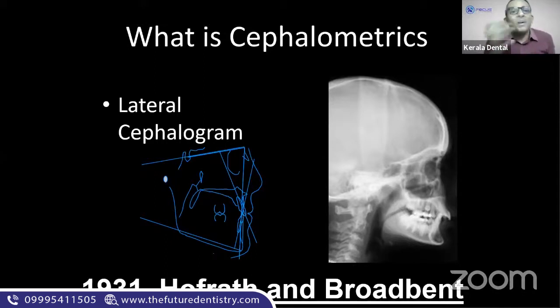I'm just telling all this to make sure you remember it. Questions can come anyway in your entrance. They never worked together. It's not like McLaughlin and Bennett. It just came together, coincidence. Hofrath in Germany and Broadbent in America, the same year. And they are both accepted as the pioneers in lateral cephalogram studies.